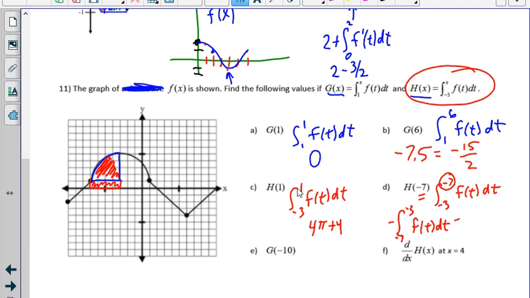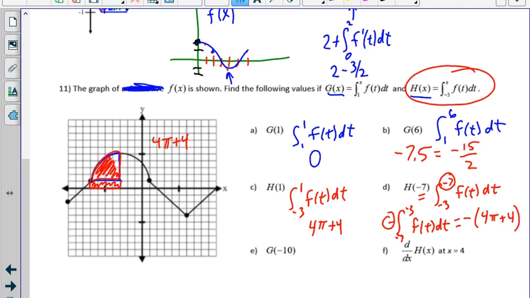That integral is all positive stuff, all above the axis, so I get 4 pi plus 4 for it. But the original integral is actually negative. I have to put a negative sign, so I'm getting negative 4 pi plus 4.